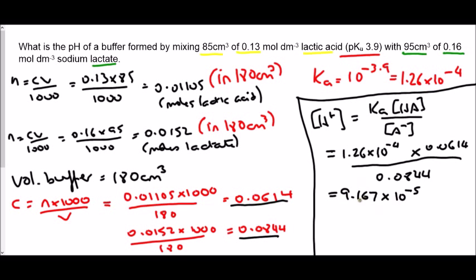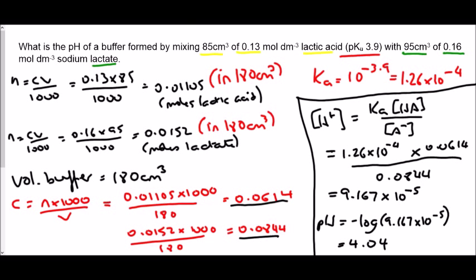So we've got the concentration of H plus ions. To get the pH, we're going to minus log that number, which gives us a final answer of 4.04.